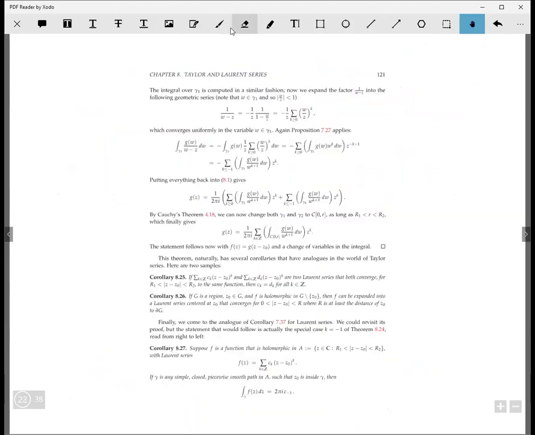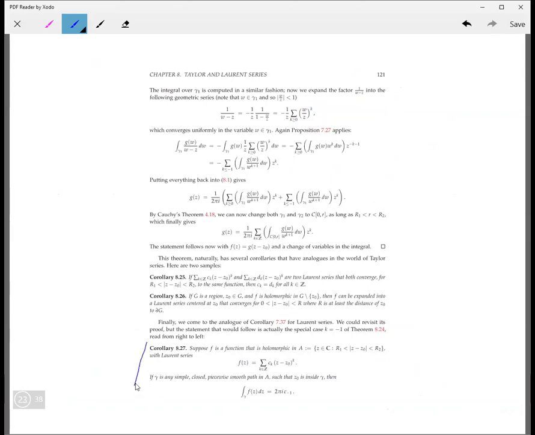This corollary at the bottom, corollary 827, actually tells you why this is so important for complex numbers, which we get into in chapter 9.